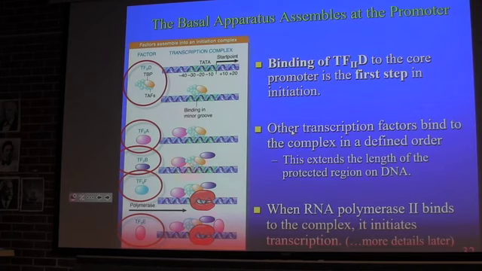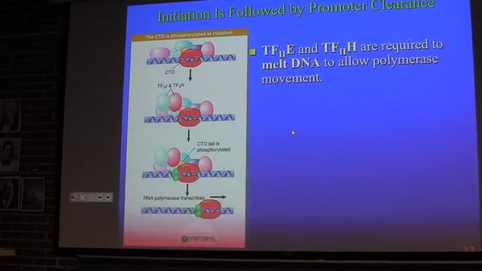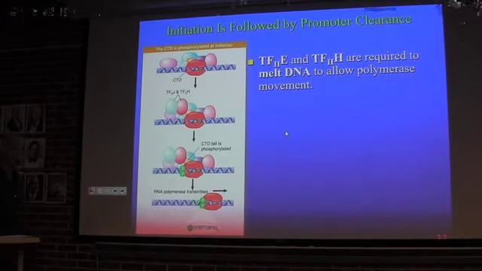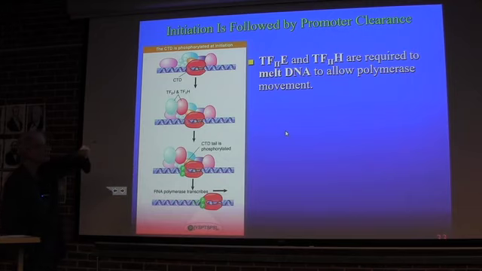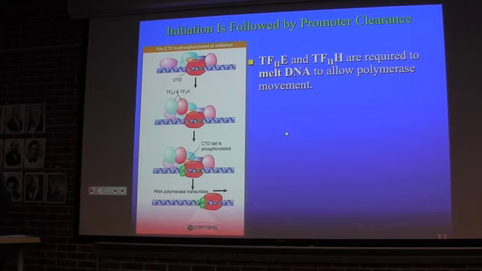Of course, there'll be more details in a minute. But we have some more transcription factors to talk about. E and H. These are involved in melting. Wait, okay, they're involved in melting. Maybe that's how cells can melt if they don't have B. H has 2 perfectly good helicases.